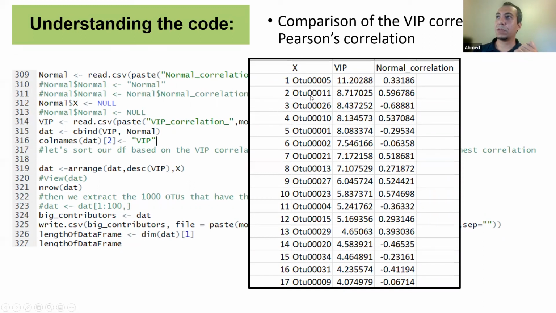For OTU 11 and 26, it is more acceptable because we're looking at high VIP score and relatively high Pearson correlation. There is also another case for OTU 1 and OTU 2, where there is pretty much no correlation whatsoever, but a high VIP score.